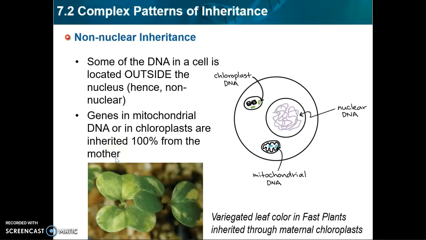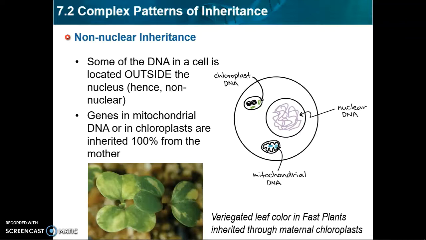Remember how we talked about in meiosis, that uneven division when female gametes are formed, and all of the cytoplasm and the organelles contained in the cytoplasm end up in that one egg cell. That's the only source of chloroplasts or mitochondria or all of the other organelles for that fertilized egg, which goes on to become the zygote. So all of your mitochondrial traits you inherited completely from your mother.